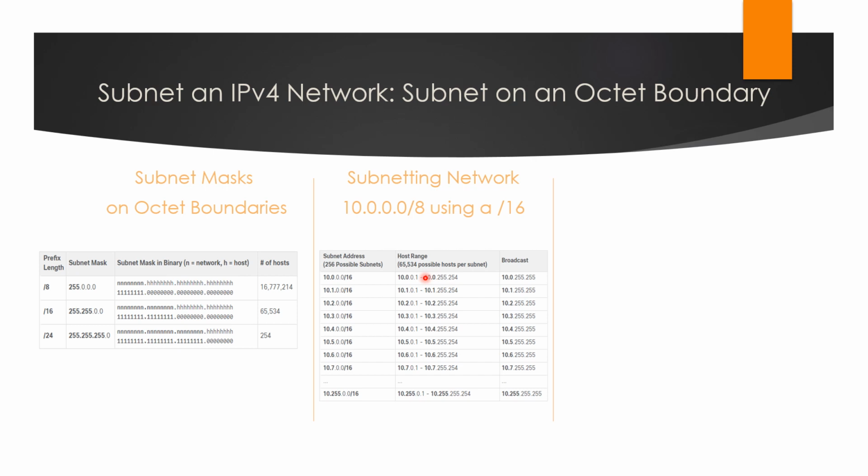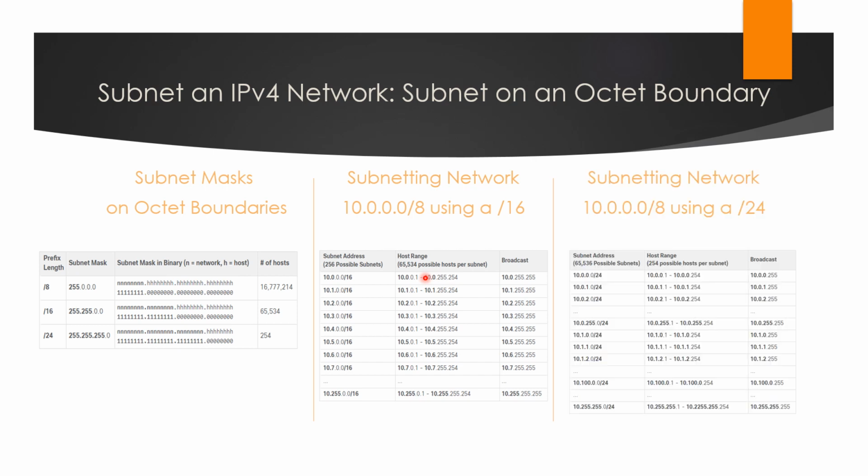The enterprise could choose to subnet the 10.0.0.0/8 network at the /24 octet boundary, as it is shown in this table. This gives us the possibility of 65,000 subnets, and by going from /8 to /24, it means that you are borrowing 2 octets from the host portion to create subnets.